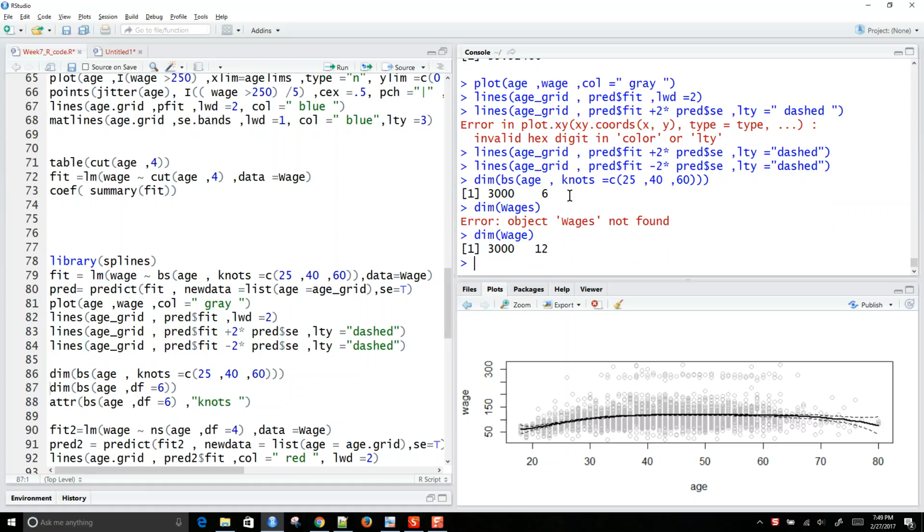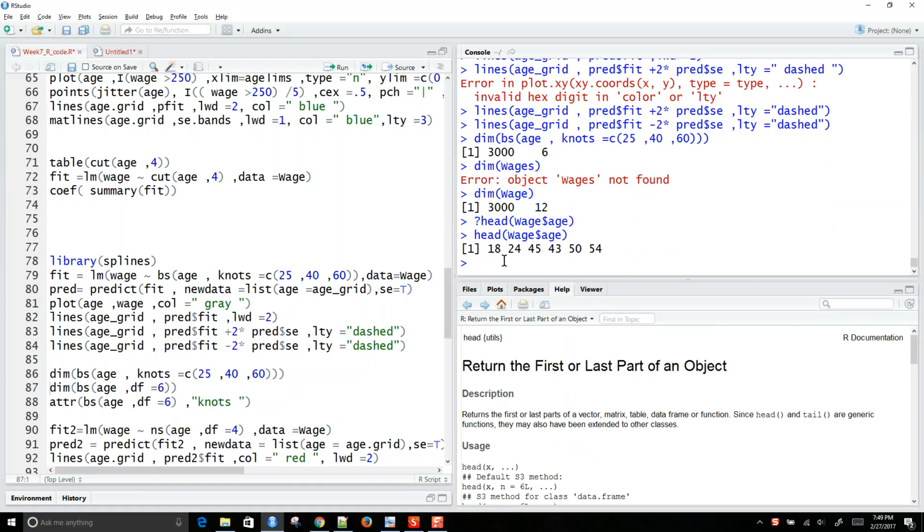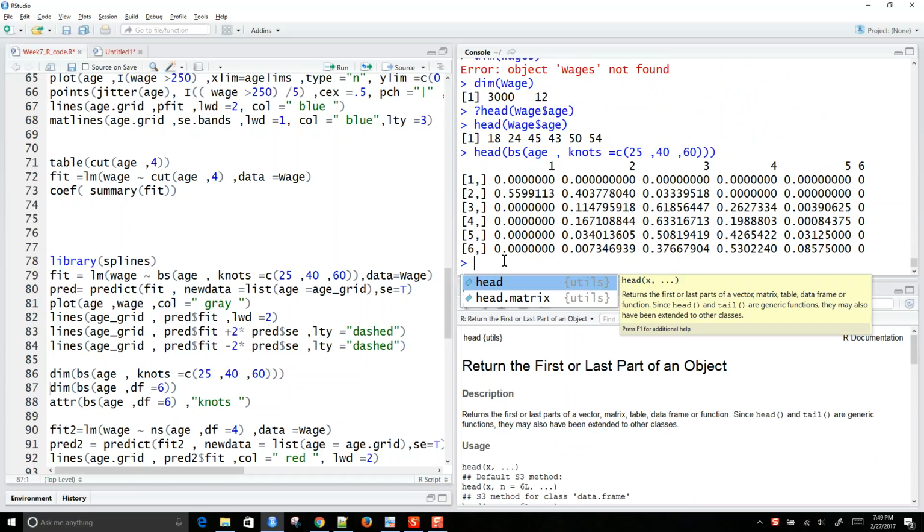Let me show you the head here. Our cut points were at 25, 40, and 60, and so how do I explain the different values we're seeing here?